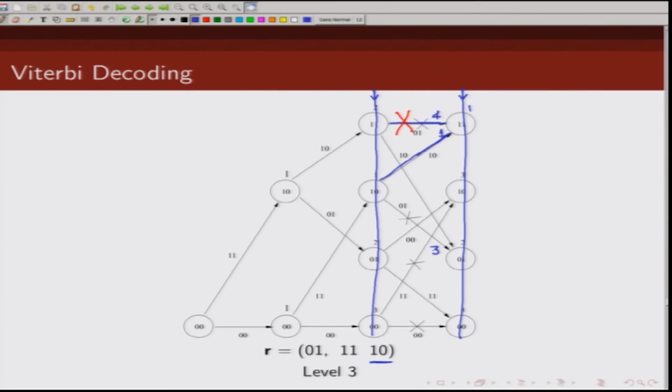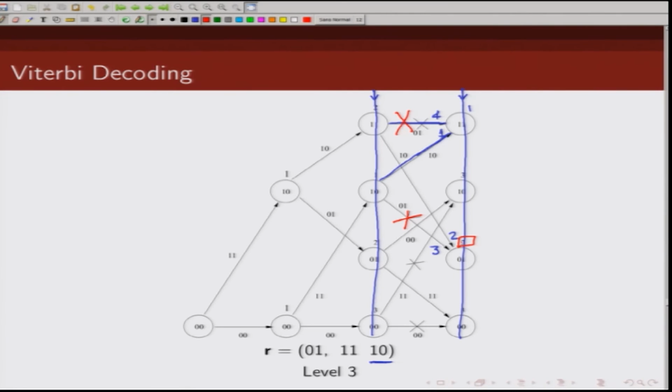This is 2 and this is 1 0, 1 0, Hamming distance is 0. So, 2 plus 0, that will give me partial path metric of 2. Now, clearly this is not the best path metric. So, I will keep this surviving branch and corresponding path metric, which is 2.